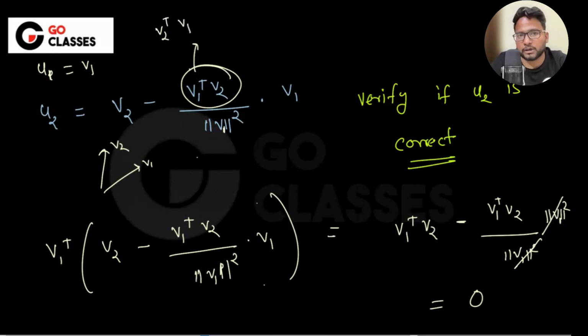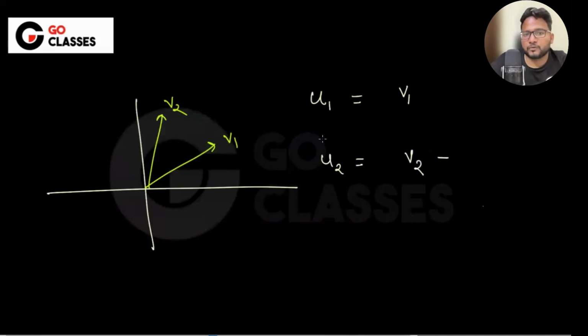So the portion that you want to subtract in the direction of V1 will be the projection of V2, which is V2 transpose V1, divided by the norm of V1 squared, into V1. This is the final scalar that we are getting.